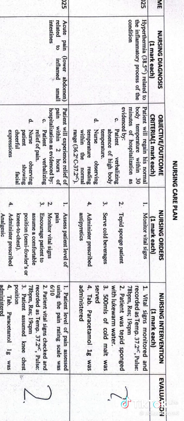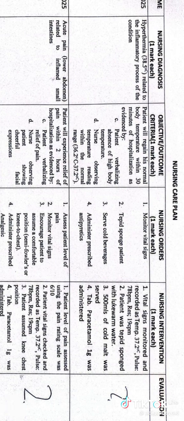So we diagnosed Achipalago as hyperthermia, 38.5 degrees Celsius, related to inflammatory process of the condition. His condition was typhoid fever. And then our objective and outcome criteria was set.